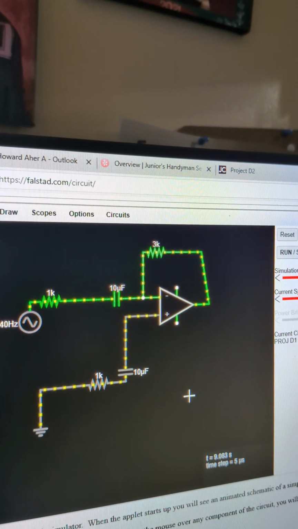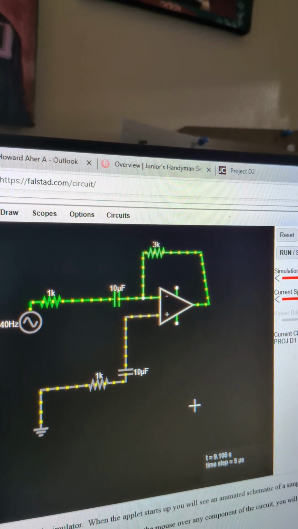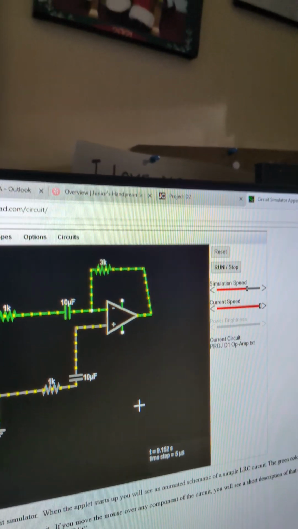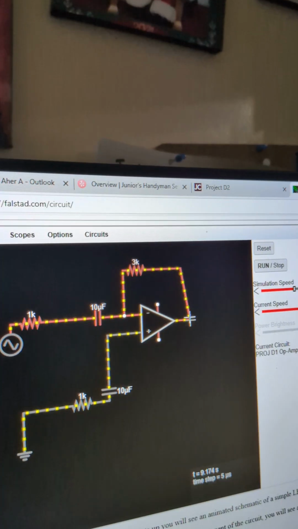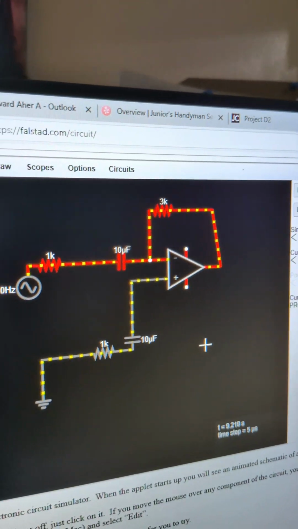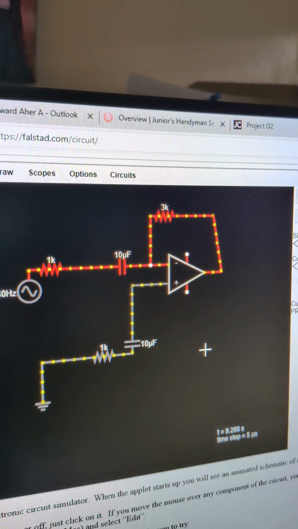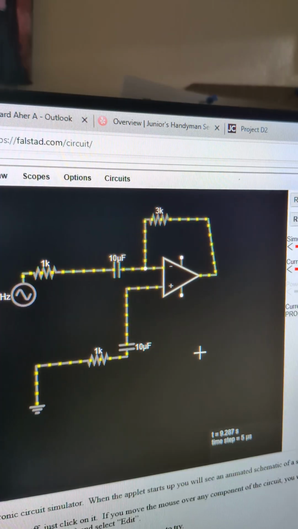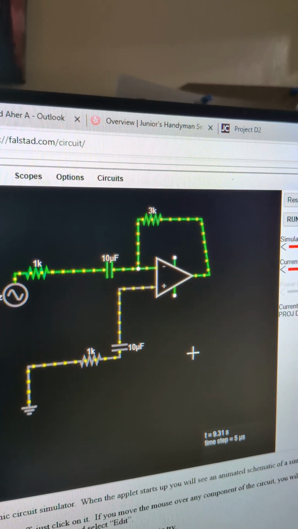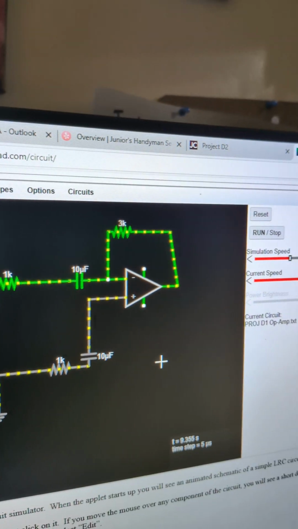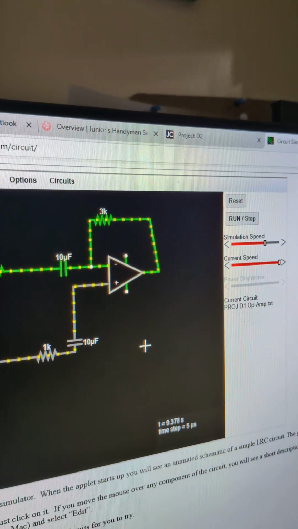The capacitor in series with the input resistor and the capacitor in the feedback loop create frequency-dependent impedance. At low frequencies, the capacitor acts as an open circuit, allowing the signal to pass.